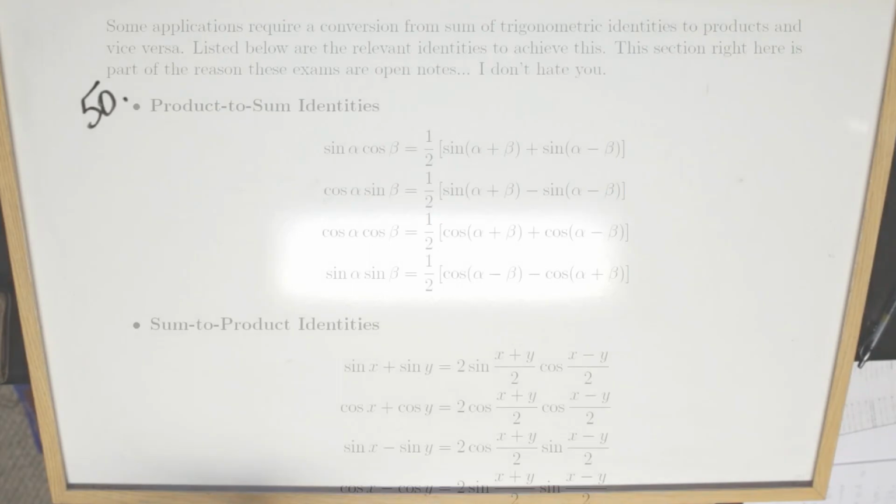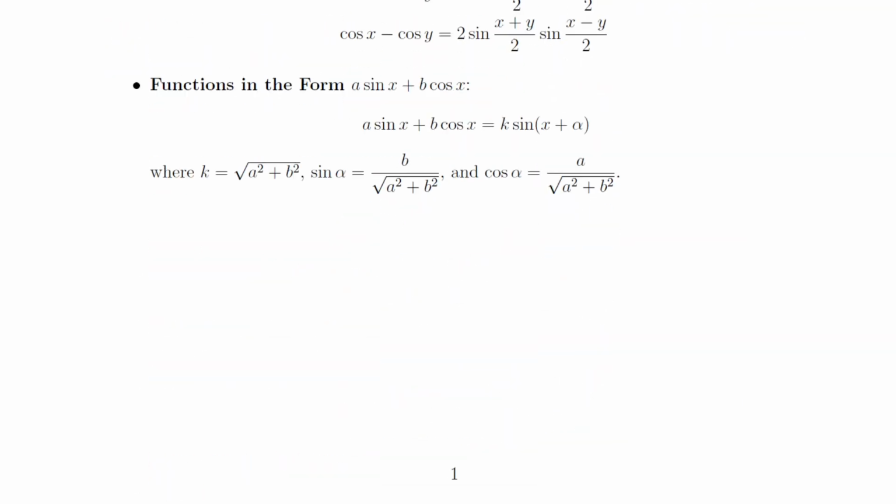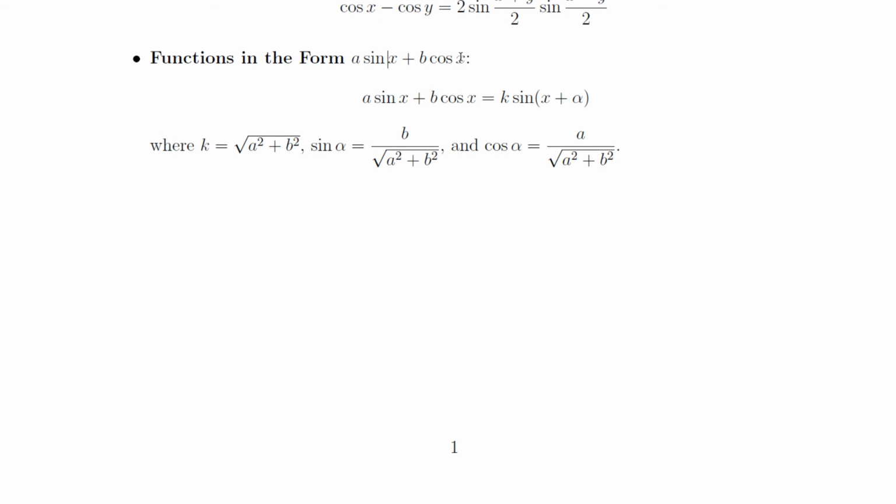So let's go ahead and do question 50 now. There's another formula that they list in the notes that I want to show you. If you go to the very bottom, so if you get functions that look like this, a coefficient times sine and another coefficient times cosine, you can actually represent it as something completely different, which in this case is just some constant k times sine of x plus alpha.